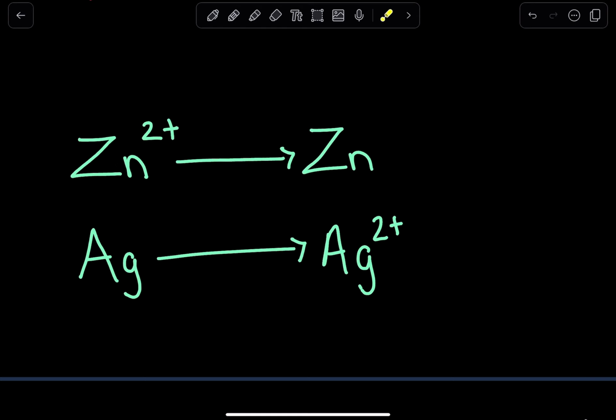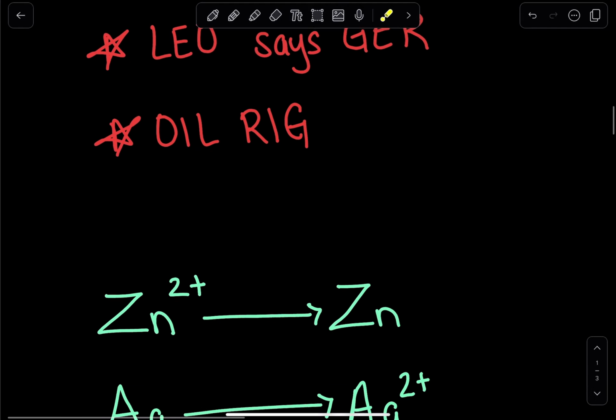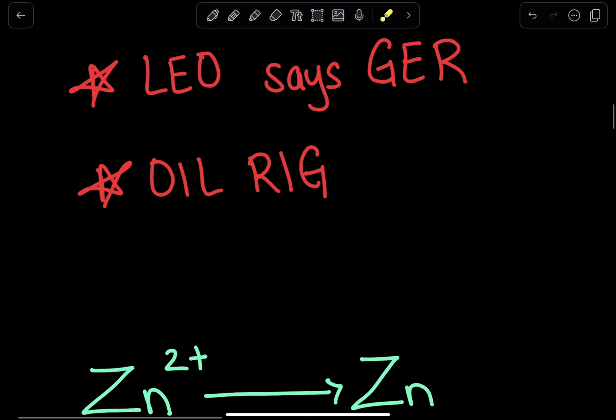Now, to recap, zinc was gaining electrons, so it was reduced. Silver is losing electrons, so it's being oxidized. This brings us to a very important mnemonic in redox chemistry, and that is LEO says GER, or we can say OIL RIG. Both mean the same thing.